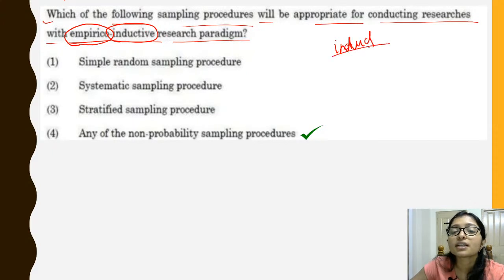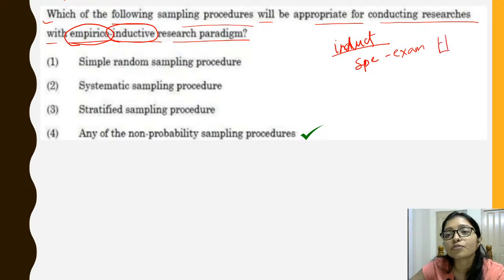Inductive means what? Inductive means specific to general. We have discussed that from some specific example we have created an example, that is like the water flow. The water is coming from top to bottom, same level, right? So that is the specific example. Specific to general, if you want to do something, then definitely that should be non-probability.